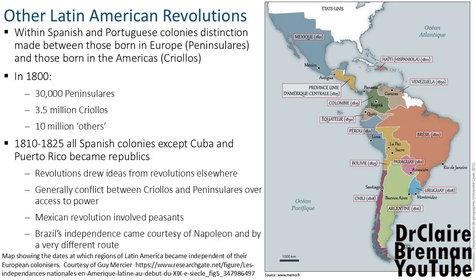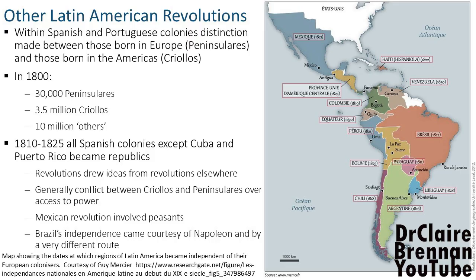whereas there were 3.5 million criollos, so people of Spanish descent who had been born in the Americas, and who still held wealth, who were still privileged, but did not have access to the higher positions that were reserved for peninsulares.